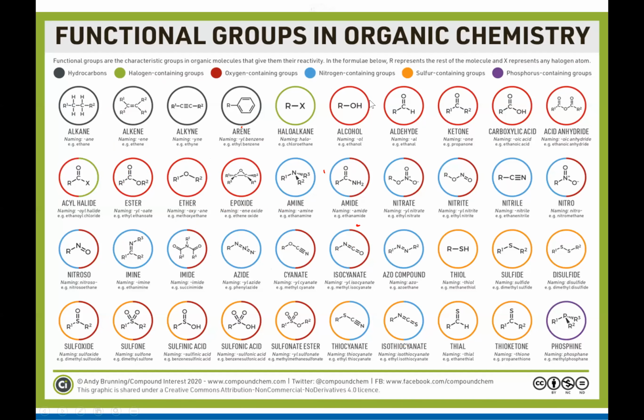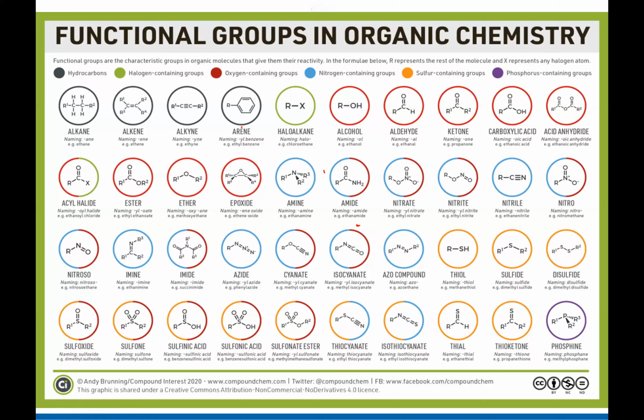Last day we talked about functional groups. So functional groups are, I guess, groups or parts of organic molecules that really define how they react. They kind of determine the physical and chemical properties of organic compounds.